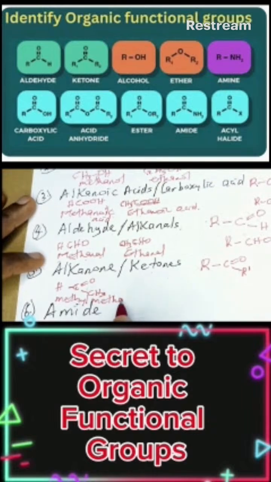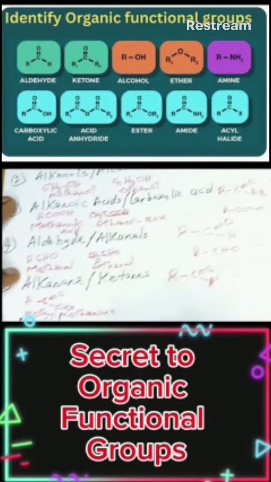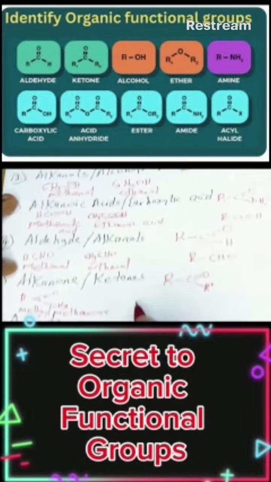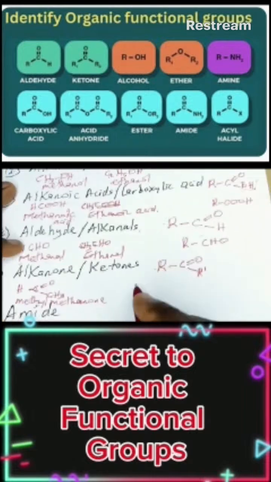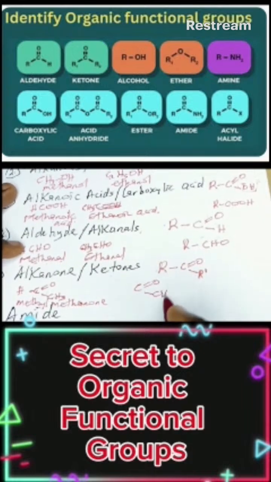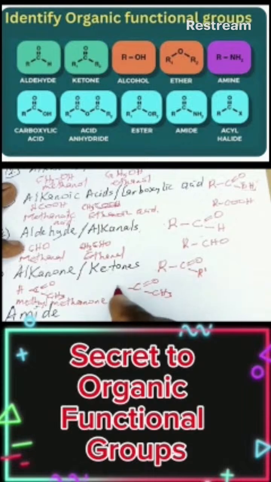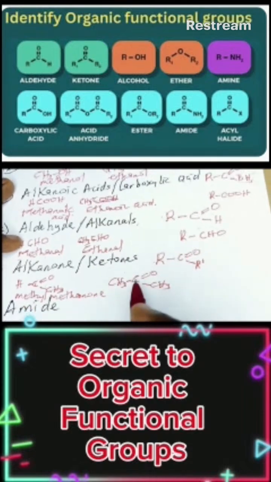Methyl methanone. If it has to be like this, C double bond, we still have our methyl here, but here we still have CH3. So how many carbons now? 1, 2. Because it is 1, 2, that's the principal.